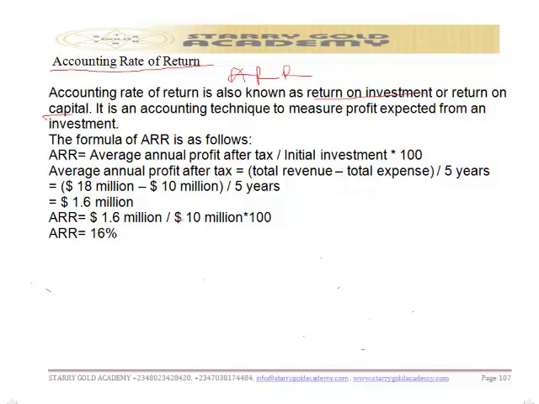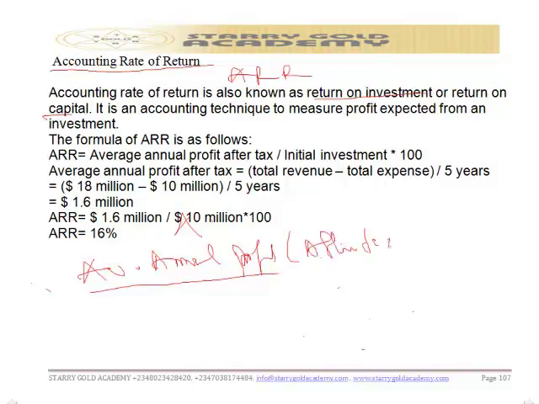So the formula is average annual profit, that is average after tax. So don't forget, after tax, if there is tax, you remove tax, all over initial investment multiplied by 100. That's the formula you can see on the screen.